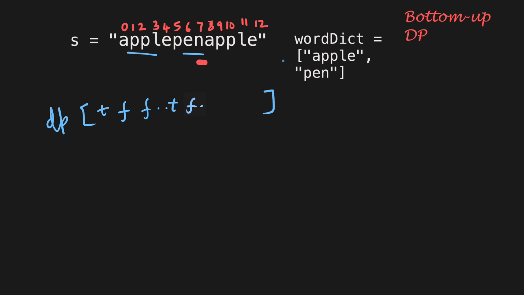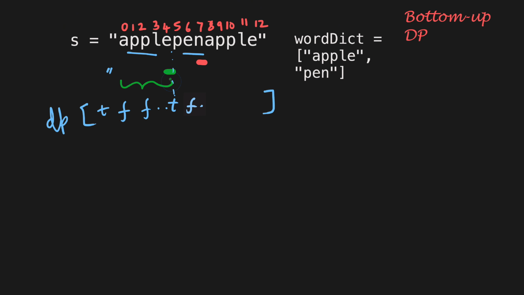While this can be seen visually, how can we solve this programmatically? And this is where another pointer j comes in. This pointer moves from 0 to I to check if the string has a segment at any point, which is the point where DP of j is equal to true. And in this example, those points are the empty string and the substring apple, which have already been segmented successfully.